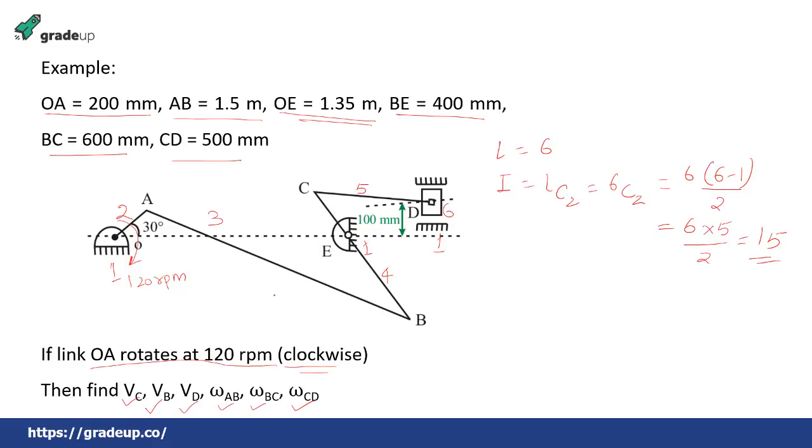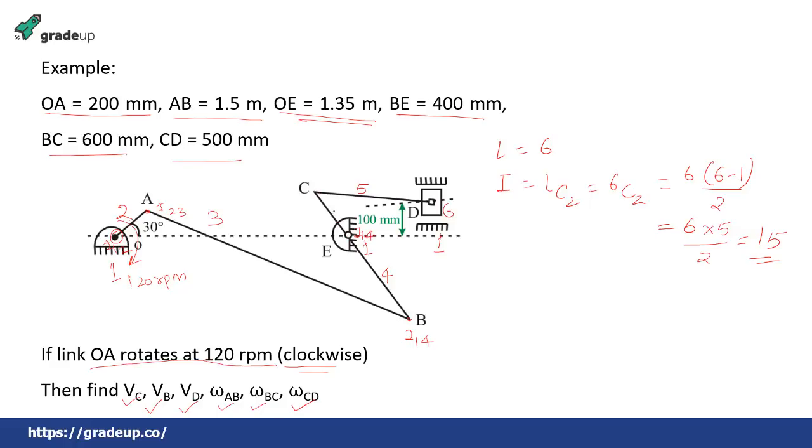Then we can find some of the basic I centers that we have already seen how to get. This is link 1 and this is link 2, so this is I12. This is 2, this is 3, so this is I23. This is 3, this is 4. This is link 4 and this is link 1, so this is I14.